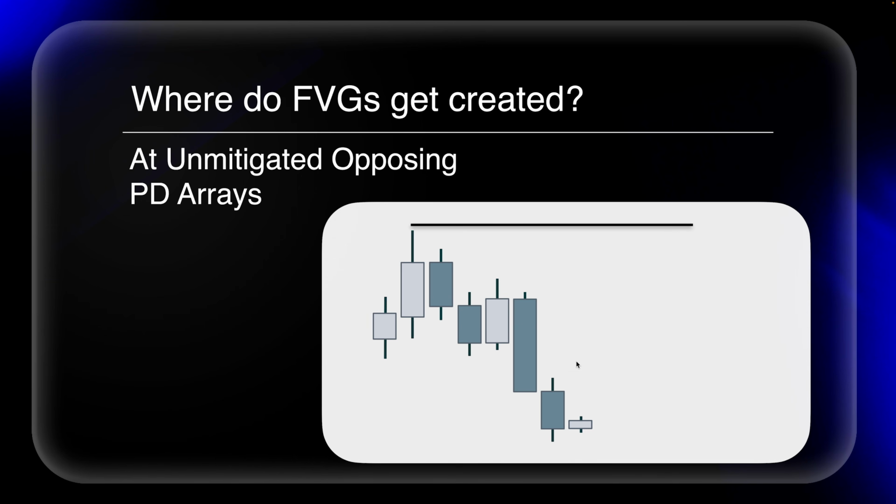So in this example, we have this fair value gap sitting right there, which is an unmitigated opposing PD array if we want to continue higher, also known as resistance. This fair value gap is going to resist us from reaching that target right there. So when we trade back into that right there, since it is resistance, we can expect some kind of rejection.